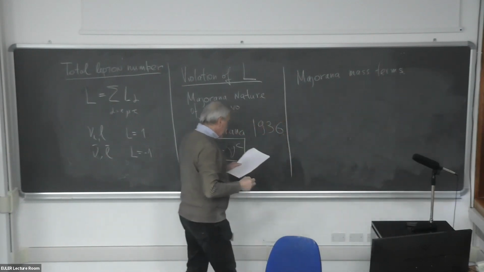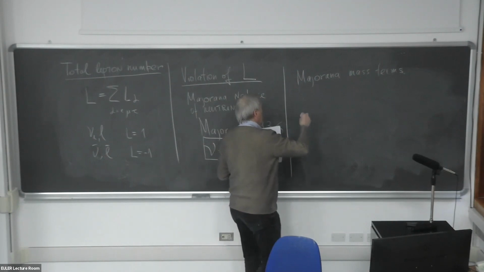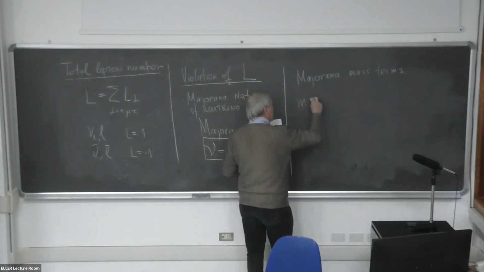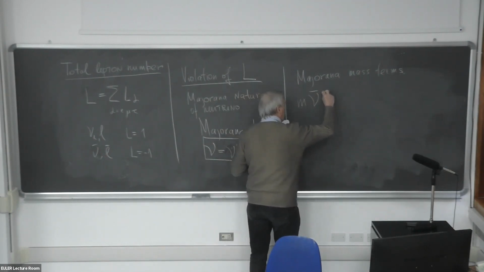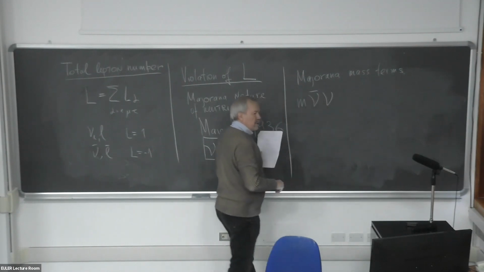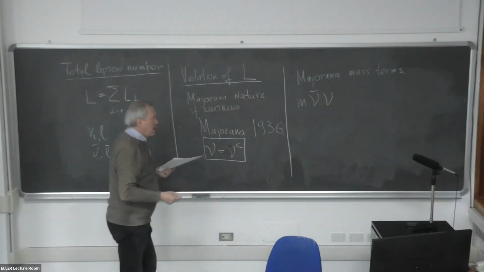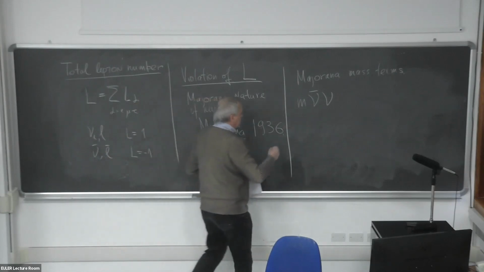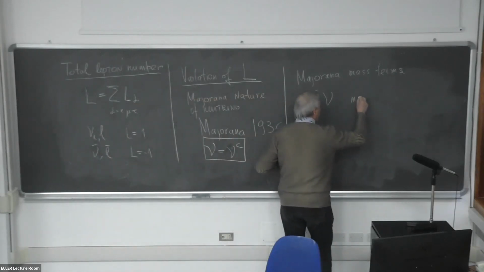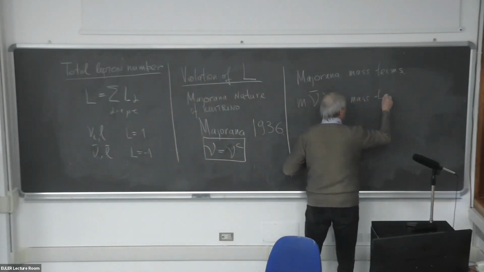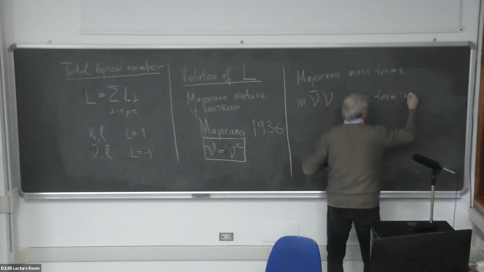So let me remind you that for fermions, we have mass terms in the Lagrangian of the following form. I refer this to the fields or wave functions. So this is the mass term in the Lagrangian.